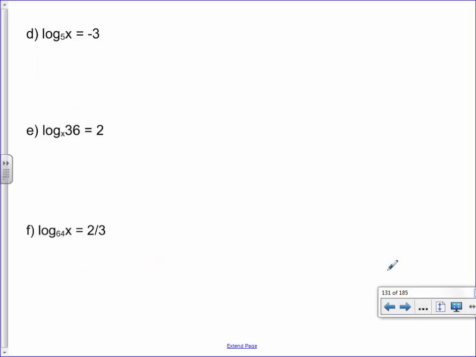But here it gets a bit more challenging. Can you type this directly in your calculator? Not really. But what you can do is convert the log into an exponent using that rule. Remember that rule, which we've been working on for the last little while? This is equivalent to 5 to the power of minus 3 equals x. Make sense?